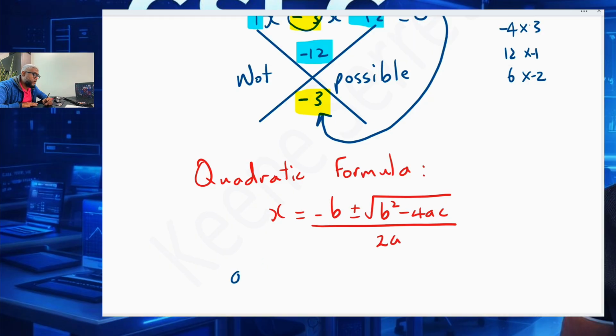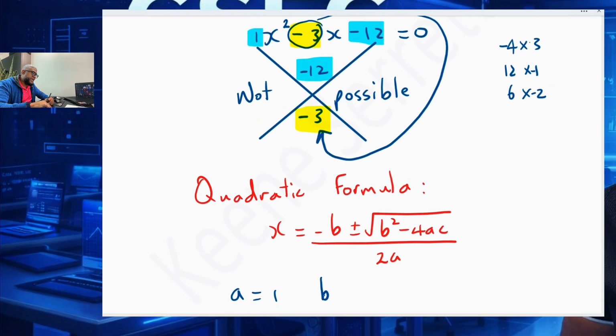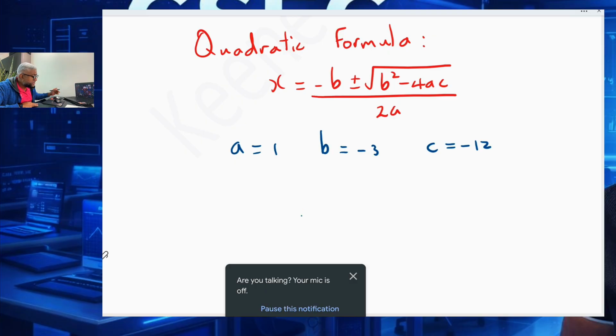A is equal to 1. Look at it right above there. A is equal to 1, b is equal to negative 3, and c is equal to negative 12, right? So, I'm going to substitute my values into this quadratic formula now.